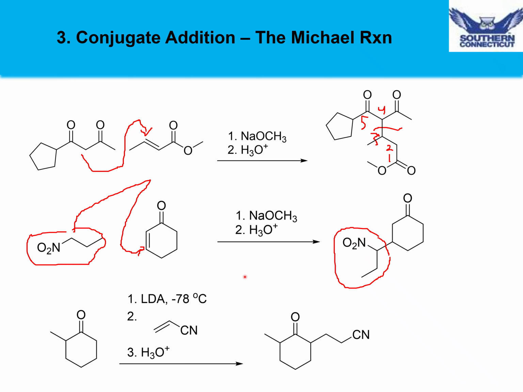The last example on this slide involves using LDA at -78, which of course would form the kinetic enolate. So that would be forming an enolate at this carbon, the least substituted carbon of the unsymmetrical ketone. It will add to this alpha beta unsaturated nitrile. The electrons from the double bond will go towards the alpha carbon.